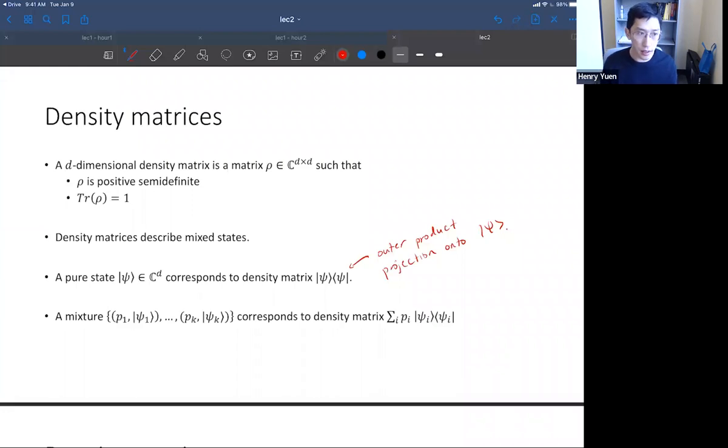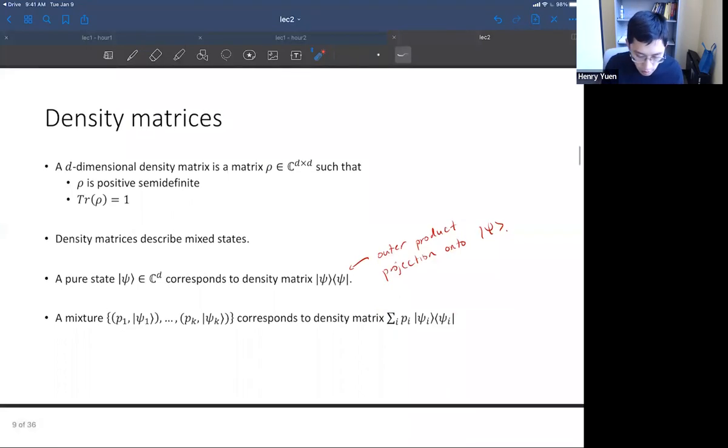So that's the pure state case. If you have a mixture over pure states, like psi1 with probability p1, psi2 with probability p2, and so on, then you can package this all into the density matrix by taking this linear combination of the pure states weighted by the probability of that pure state.